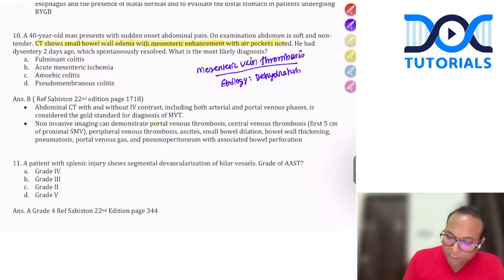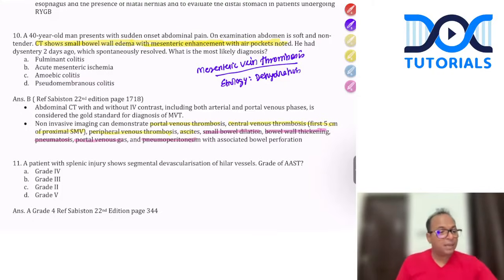Non-invasive imaging can demonstrate portal vein thrombus and central venous thrombosis. The first 5 centimeters of the proximal SMV is called central venous thrombus. Peripheral venous thrombus, ascites, small bowel dilatation, bowel wall thickening, pneumatosis, portal venous gas, and pneumoperitoneum are all findings seen in mesenteric ischemia. So don't forget mesenteric ischemia. It's a simple, straightforward PG level question. Don't forget this question.